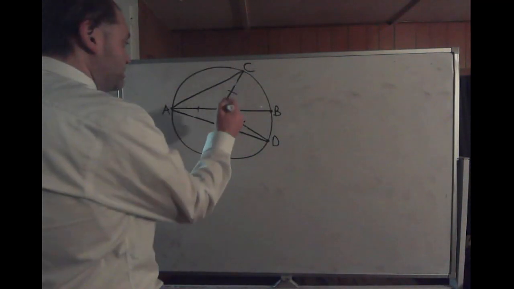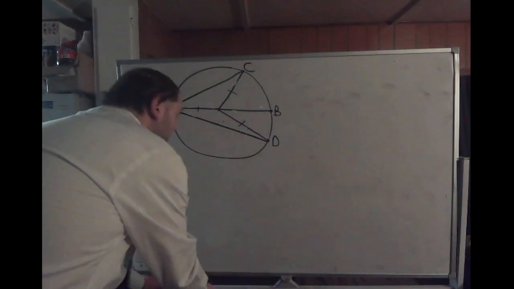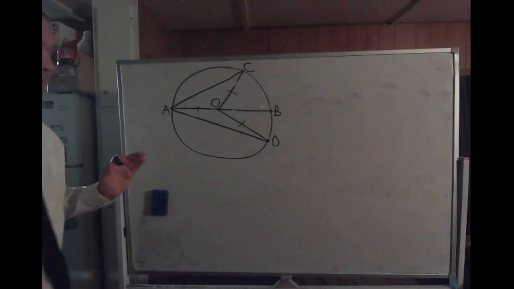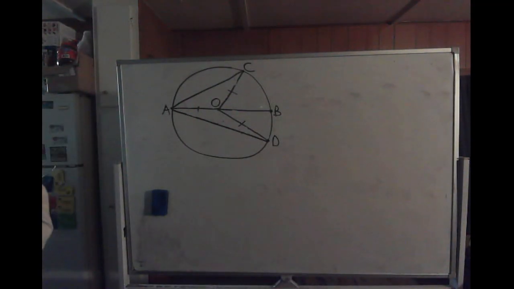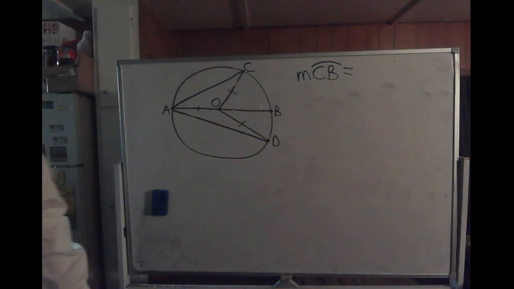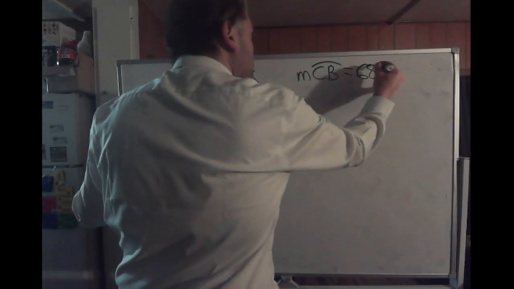Why don't I actually put point O right here instead, in the bigger triangle up north? There we go. Okay. This time we are given that the measure of minor arc CB is going to be equal to 68 degrees.